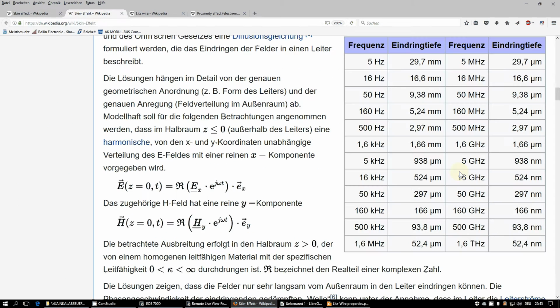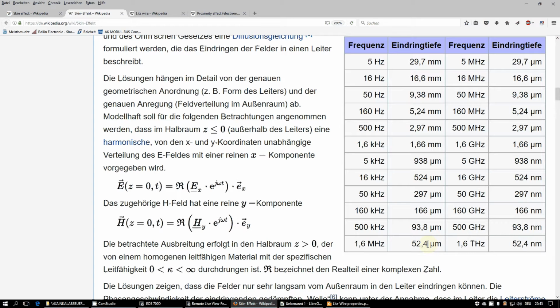And here on the German Wikipedia entry about the skin effect, we have a nice table. Let's take a look at the upper end of the medium wave frequencies, radio band, at 1.6 megahertz. So the current is flowing only on a sheet of 42 micrometers thickness on the outside of a wire.